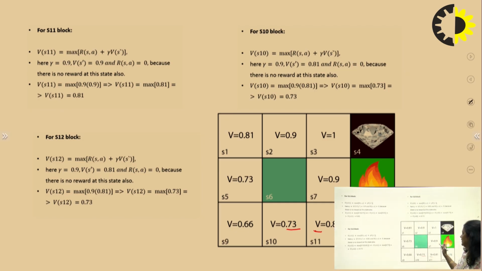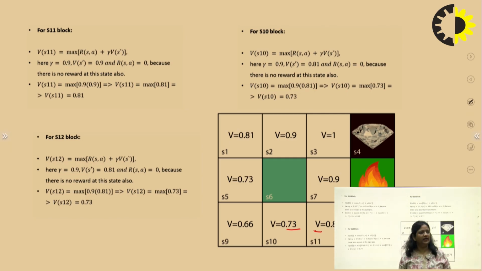Okay, so by using this previous value, we have to calculate the value for S11, S10 and S12. For the S11 block, the reward will be equal to 0 because there is no reward at this state.